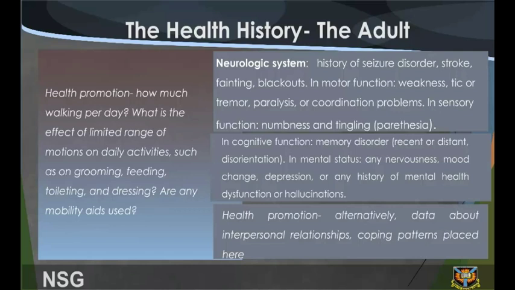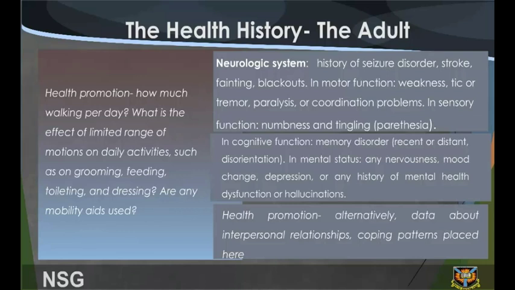Neurologic system. History of seizure disorder, stroke, fainting, blackouts. In motor function: weakness, tic or tremor, paralysis or coordination problems. In sensory function: numbness and tingling, paresthesia.